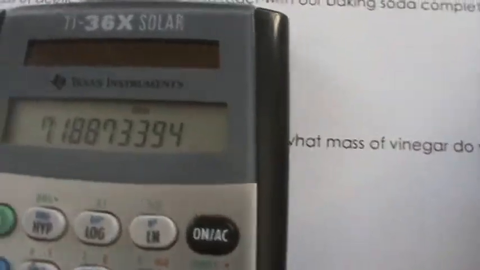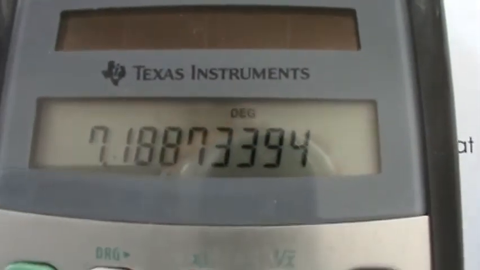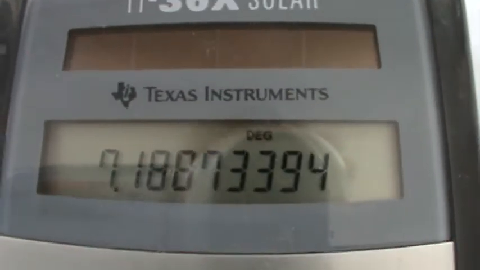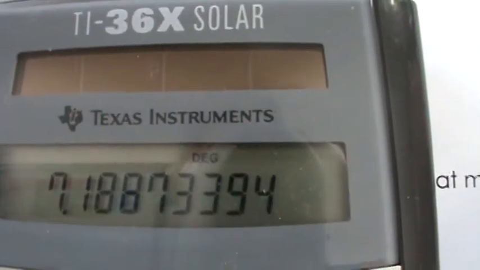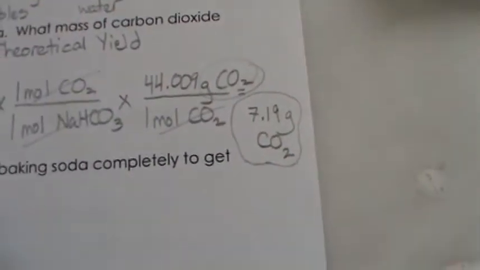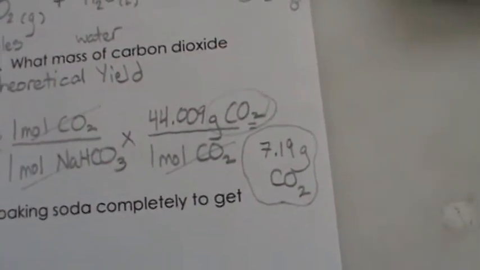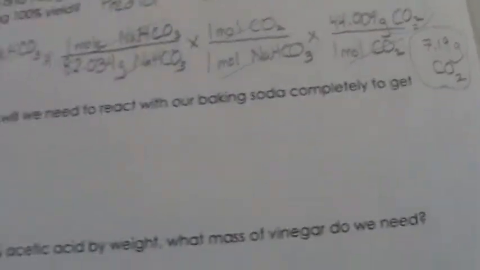And what I get is 7.19. Okay, so 7.19 grams of CO2. This is my theoretical yield of carbon dioxide. And I'm going to keep that in my head for later.